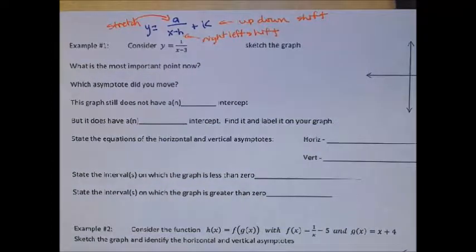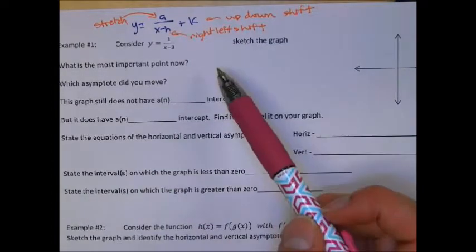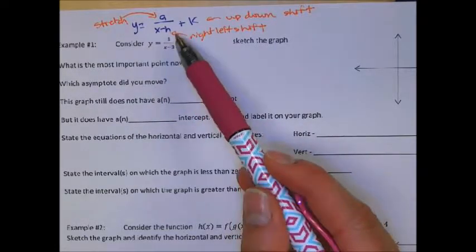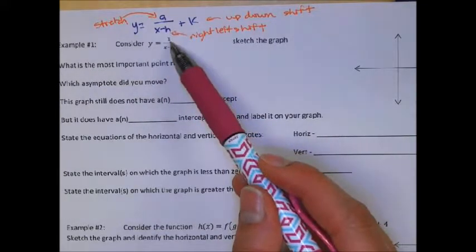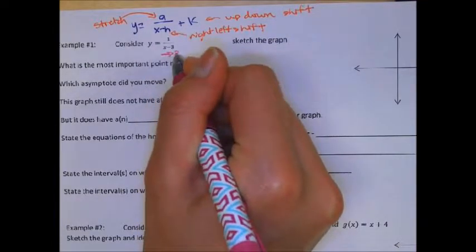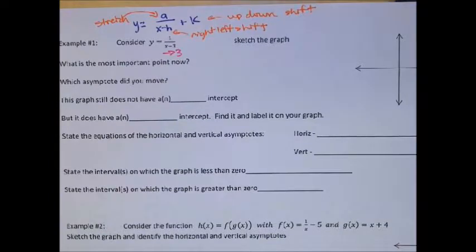Let's look at example 1. We have y equals 1 over x minus 3. Since a is 1, there's no stretch. So x minus 3, this is opposite. So this tells us we're moving right 3. Now, when I'm thinking of moving right 3, I'm thinking of my asymptote.